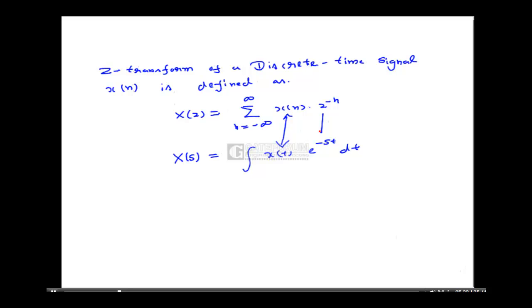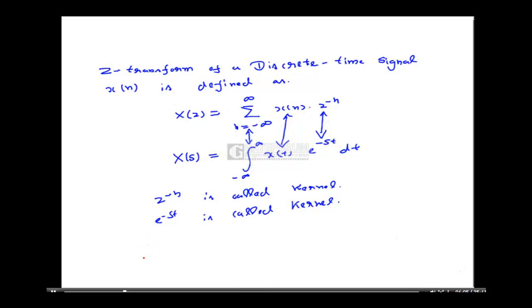Here z to the power minus n is called the kernel, and there e to the power minus st is called the kernel. Integration has been converted to summation. So in this way, things are similar in the Z transform and Laplace transform.